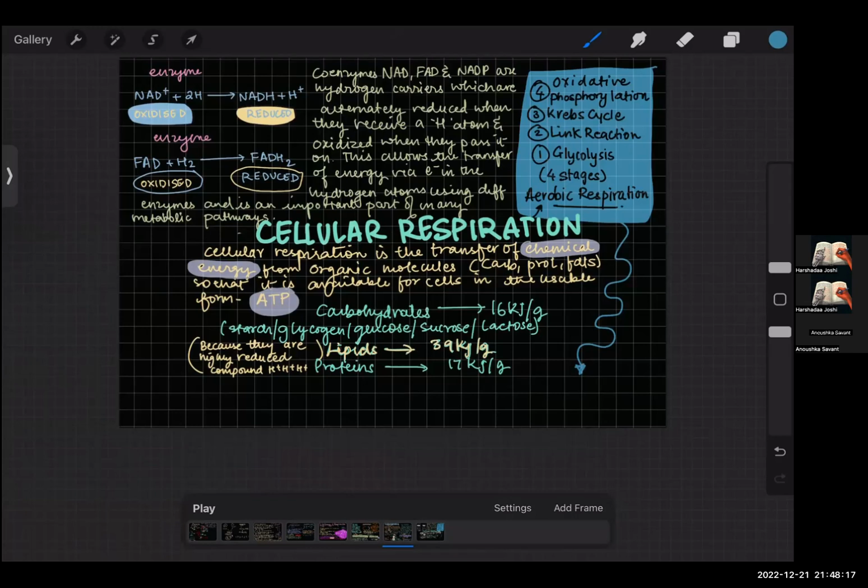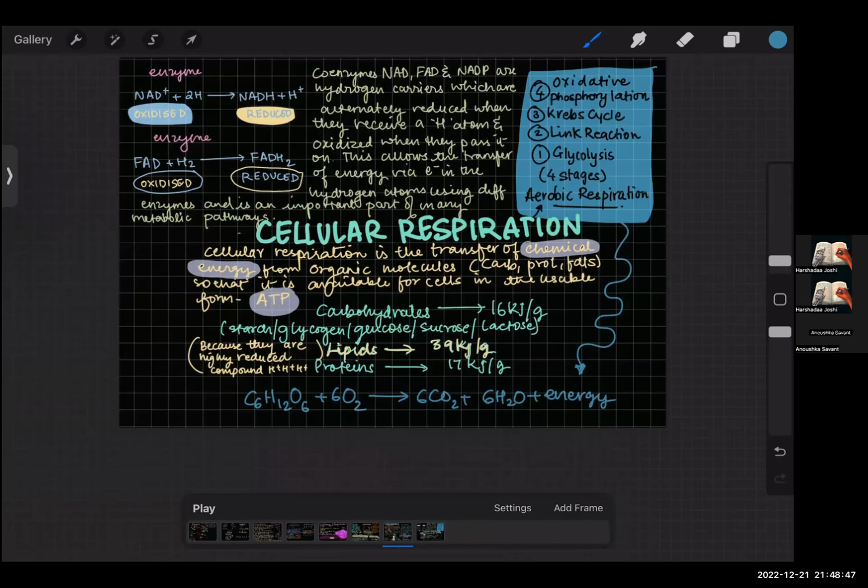Now, what is happening in the base here? You have something like your C6H12O6 plus oxygen for aerobic respiration. And as a result of this, you have 6 molecules of carbon dioxide, 6 molecules of water, and a small amount of energy that is going to be formed.